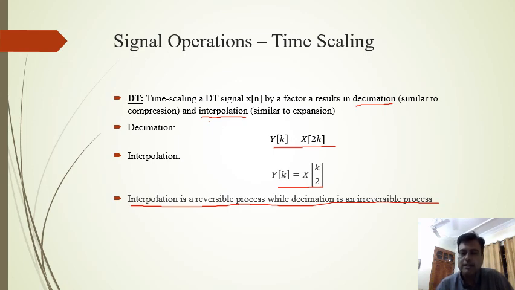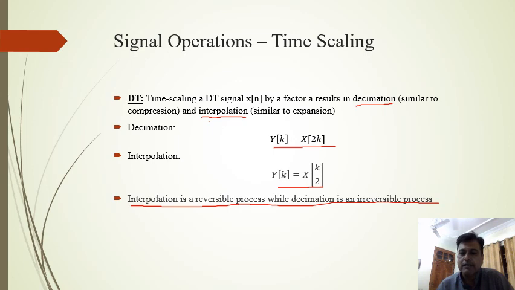So that's why it is called a reversible process. लेकिन अगर हम डेसिमेशन परफॉर्म करें, और डेसिमेशन में क्या होगा कि हम ओरिजिनल सिग्नल को कंप्रेस कर देंगे, सो वी विल लूज सम वैल्यूज ऑफ द ओरिजिनल सिग्नल. सो नाउ फ्रॉम दैट कंप्रेस्ड वर्जन ओरिजिनल सिग्नल रिकवर नहीं किया जा सकता. सो दैट्स व्हाई डेसिमेशन इज एन इरिवर्सिबल प्रोसेस, whereas interpolation is a reversible process.